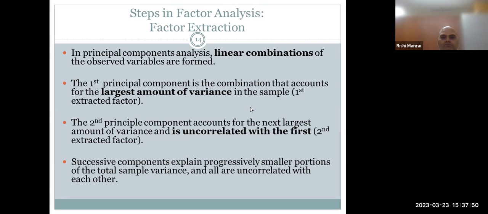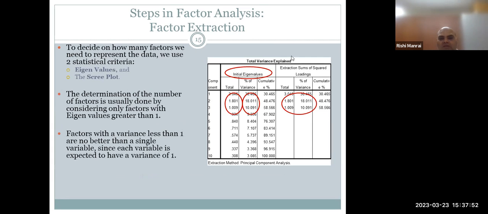Now, next is that when we run the factor analysis, to decide how many factors we need to represent the data, we use two statistics. One is the eigenvalue, and the other one is the scree plot.